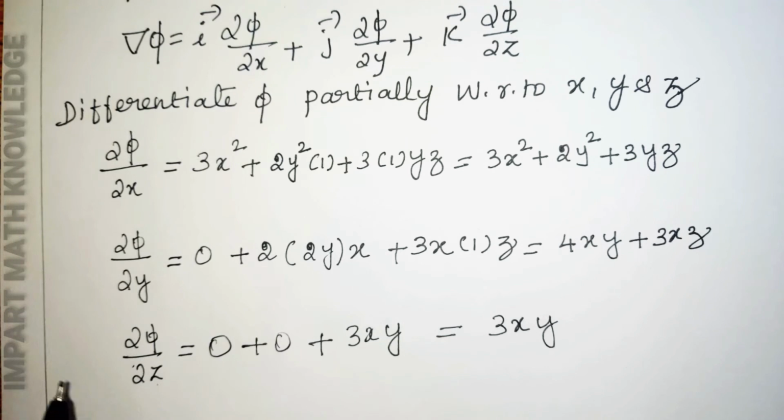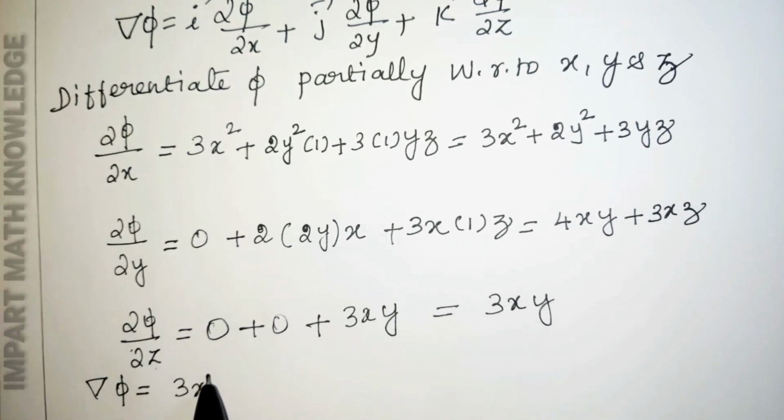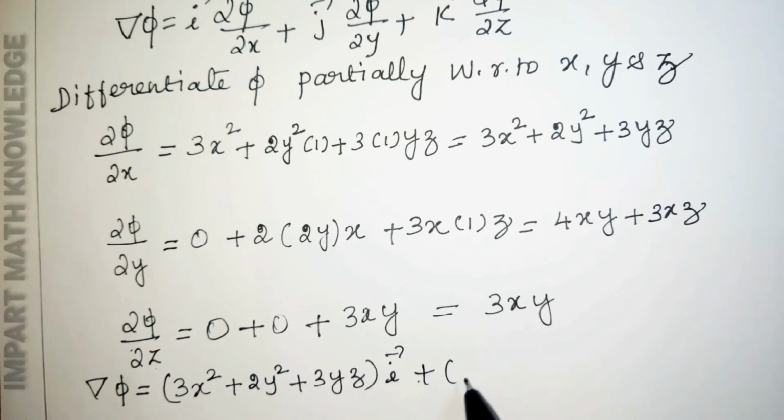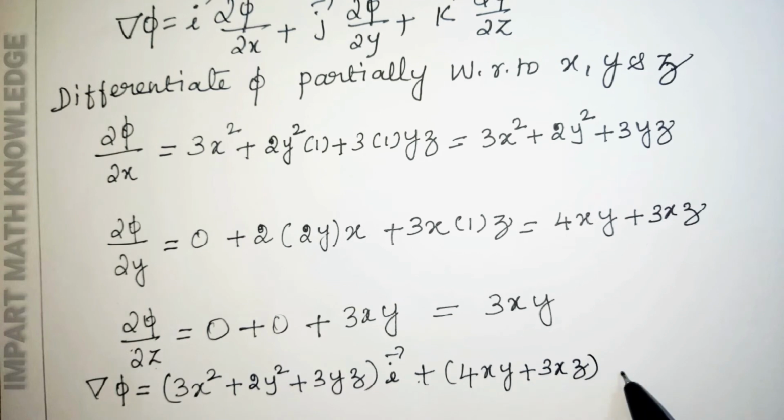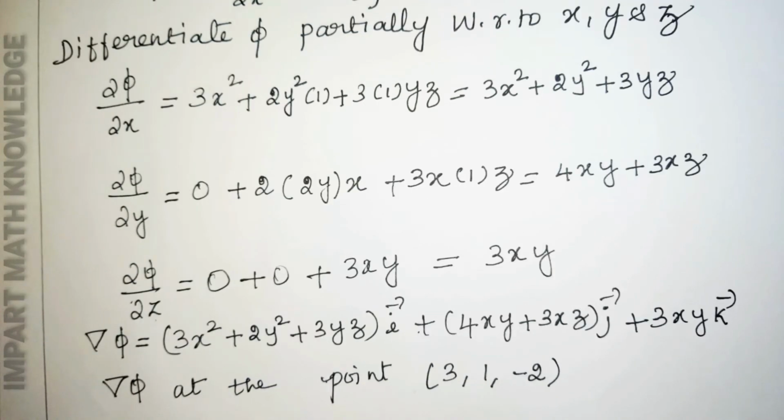Now substitute dou phi by dou x, dou phi by dou y and dou phi by dou z in del phi. Del phi is equal to 3x square plus 2y square plus 3yz i vector plus 4xy plus 3xz j vector plus 3xy k vector. Next we have to find del phi at 3, 1 and minus 2.